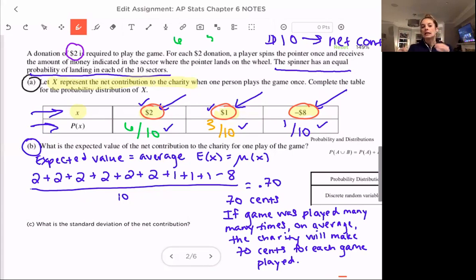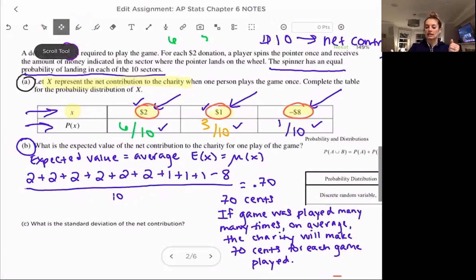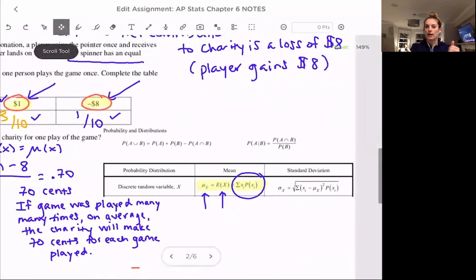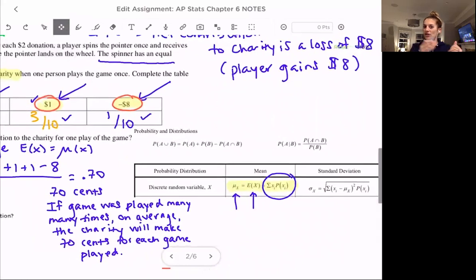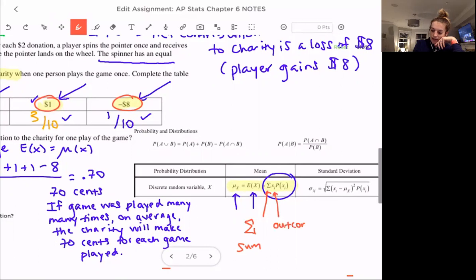Okay, but now let's talk about the formula that you're given, because it looks scary, right? But it's not, if we think about how we just calculated that 70 cents. We took an average. Look at this formula. You've got sigma notation, that's a sum, adding up a bunch of things. You've got x sub i, that's all of the possible outcomes. There were 3 in this case, $2, $1, and -$8.